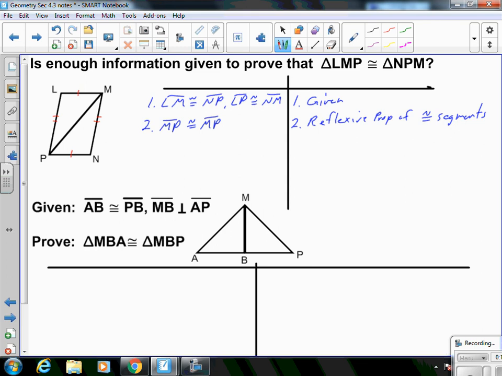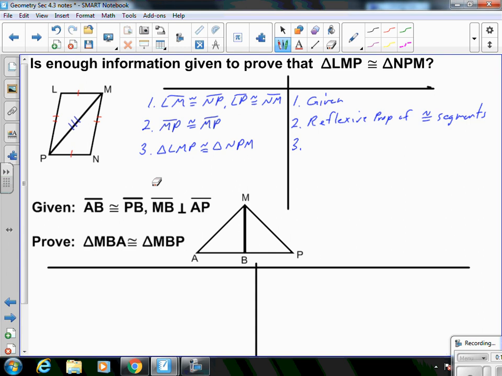All right. So now, if we look at what we've got, all three sides marked congruent. So that would allow us to say that triangle LMP is congruent to triangle NPM.